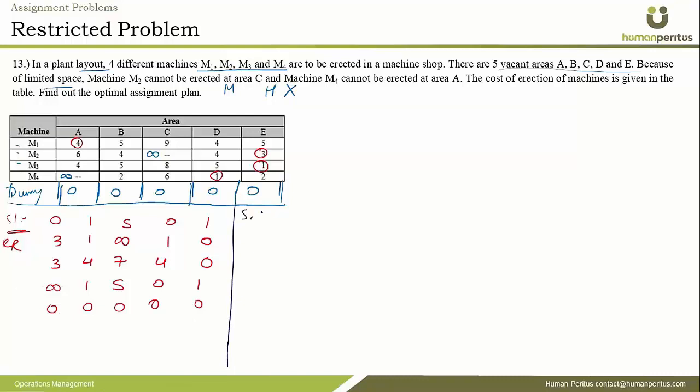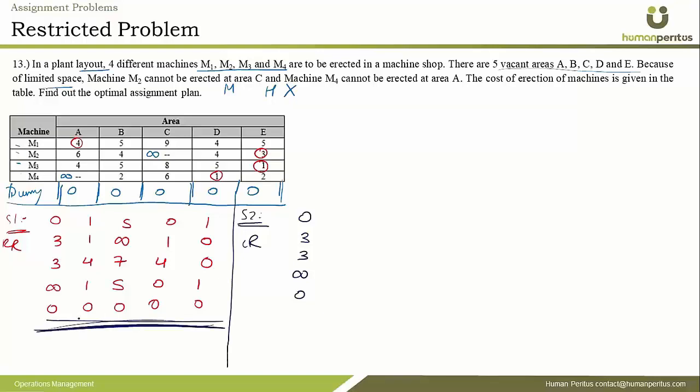Step 2 is column reduction. There is 0 in the first column, so I can simply write it away like this. Infinity minus 0 is infinity. In the second column again there is 0, since there is a dummy row.